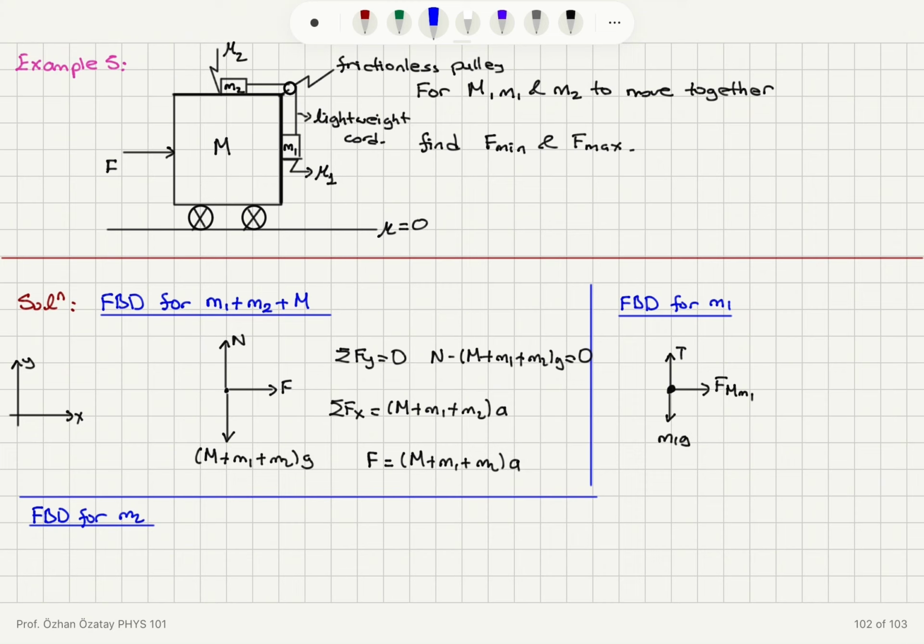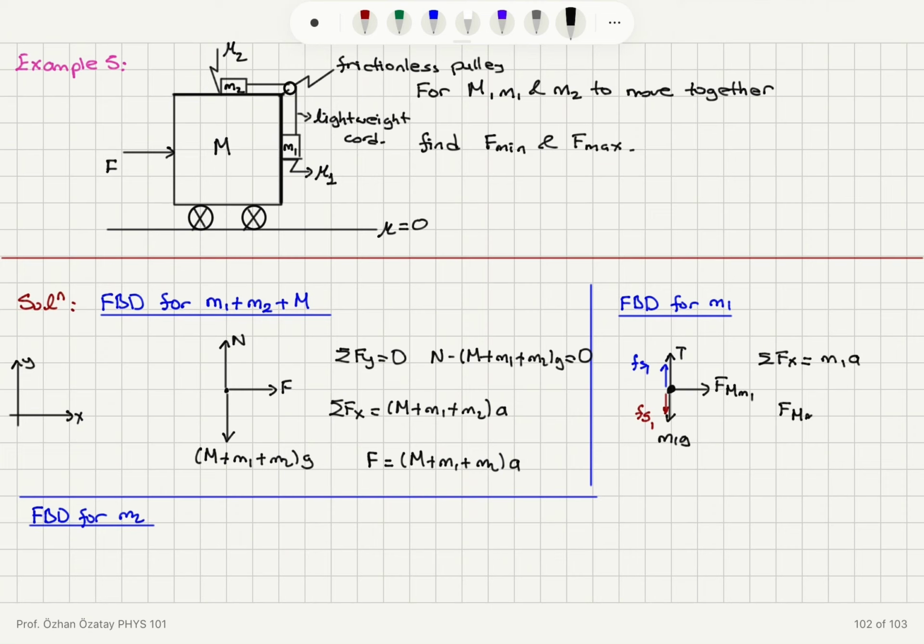I'm going to consider two scenarios. The static friction is pointing up or the static friction is pointing down. Okay? Now, this is one scenario, static friction acting on M1 pointing up.